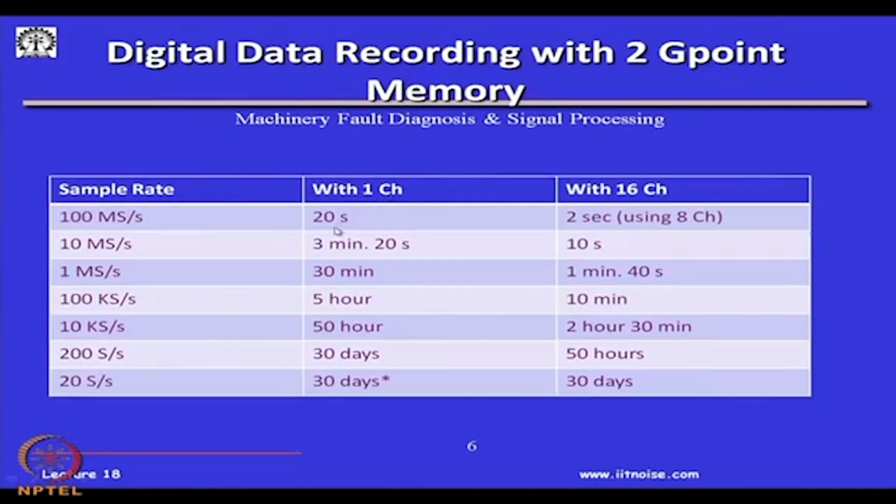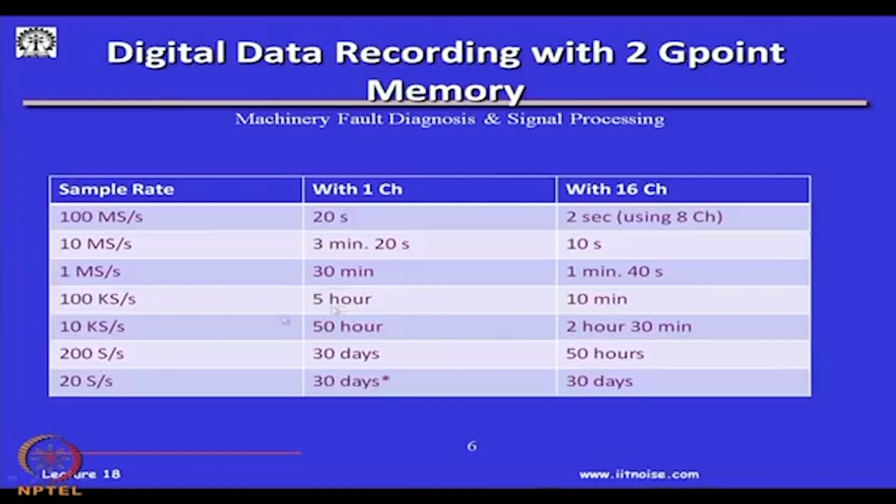With a single channel, I can be recording 20 seconds of data at 100 mega samples per second. It's a very high sampling rate, whereas we are even happy with 5 kilo samples per second. For a mechanical signal, if you sample at 100 kilo samples per second with a single channel, you can record 5 hours of data.